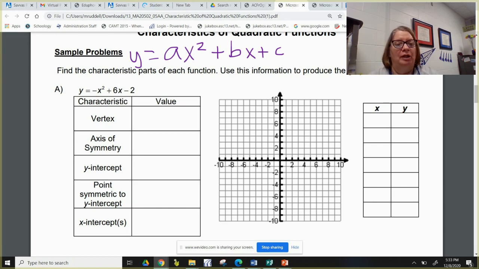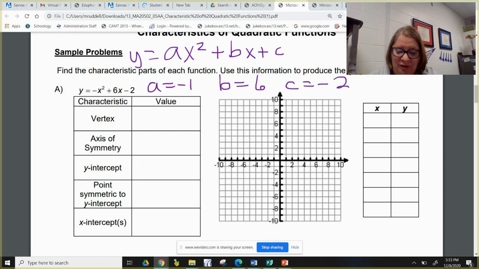So look at this one, and A is -1. B is 6, and C is -2. I got that from this equation. A is -1, B is 6, C is -2. Do you remember what your chart said about finding the vertex?